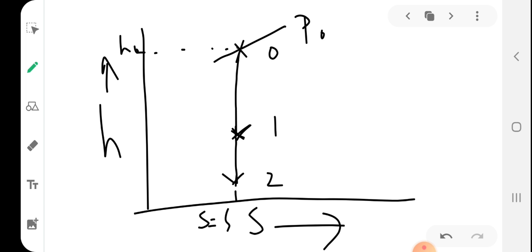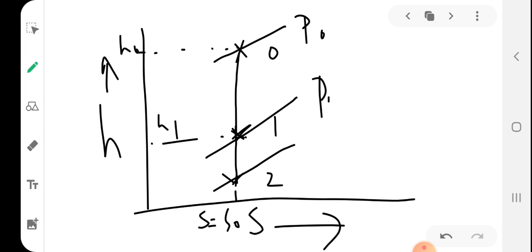So S equal to S0 itself. Any S is the same as the stagnation entropy. So this is how we mark. This will be P1 and this will be H1, this will be P2, this may be H2.